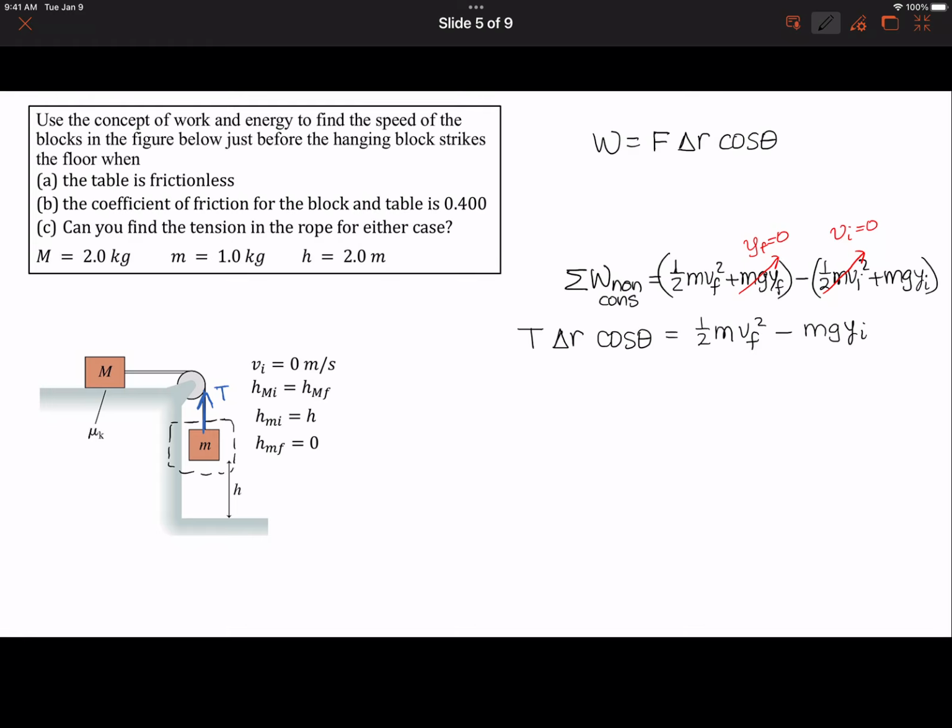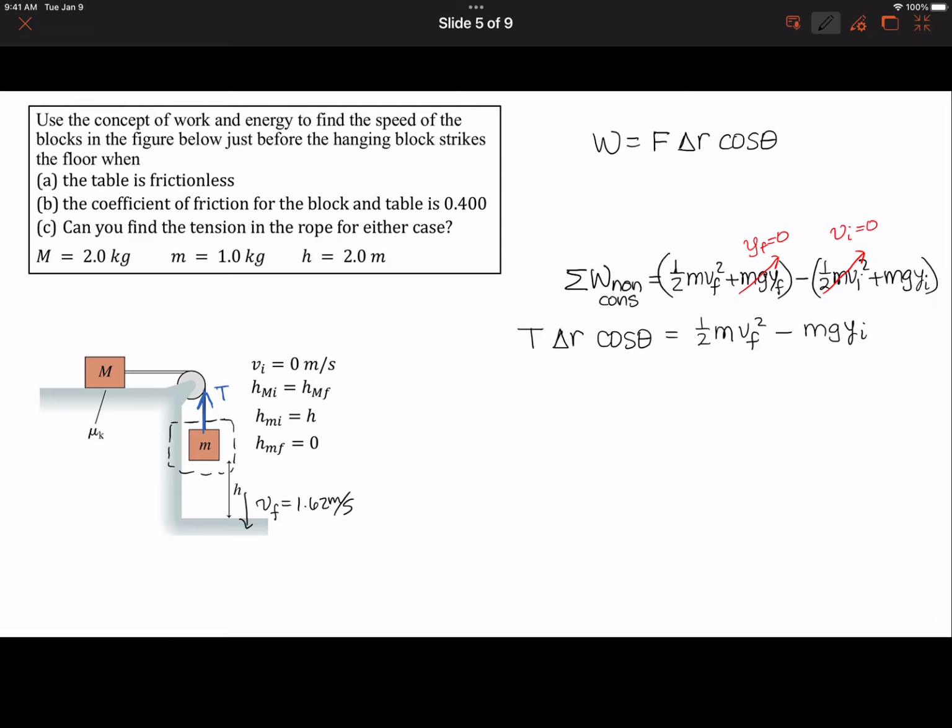So from the previous example, we found that right before it hits the ground, when there's friction acting, the speed is 1.62 meters per second.